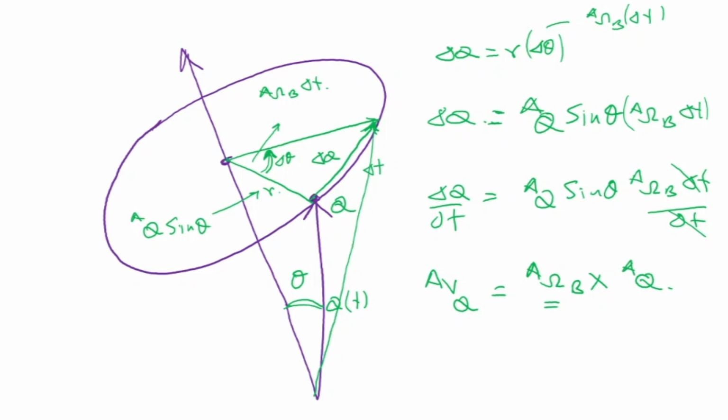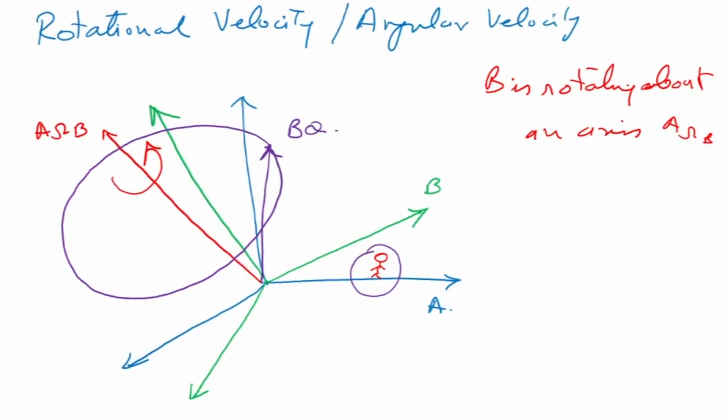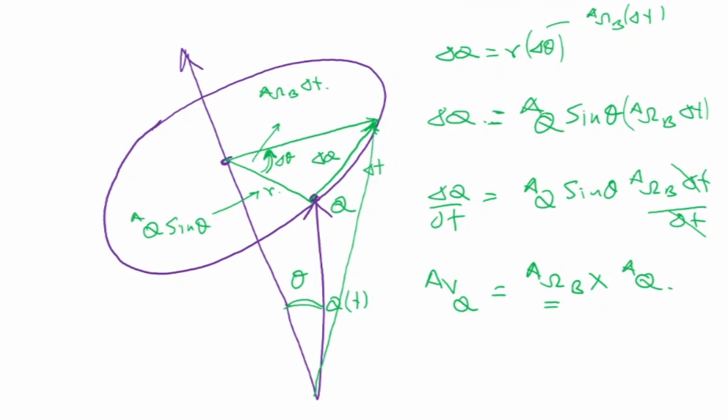Now in a general case, the vector Q could also be changing with respect to frame B. This vector Q, which is in frame B, I had drawn, please remember here, this vector Q is in frame B. Now this Q could also be changing with respect to frame B. So in that case, we can add that change also and say that the total velocity is equal to the change with respect to frame B, plus ᴬΩ_B cross ᴬQ.